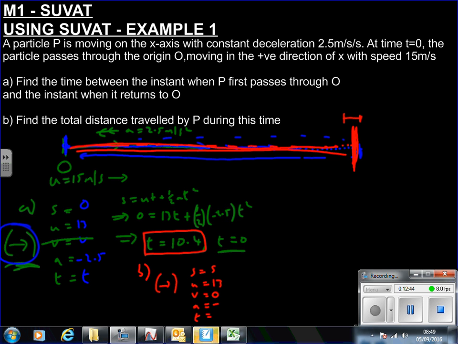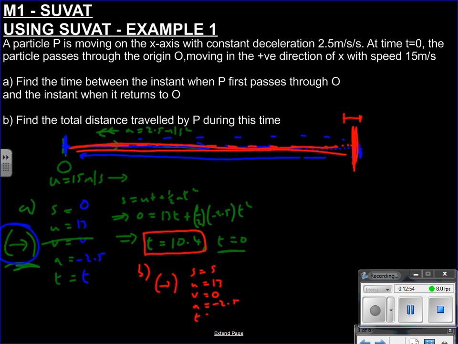The acceleration is still minus 2.5, and we've got our time t again. Okay, and we actually know what the time t is though. We know the time was 10.4 in order for it to get back, but let's just assume we don't know what it is. You know, we can't assume necessarily that it's going to be half that.